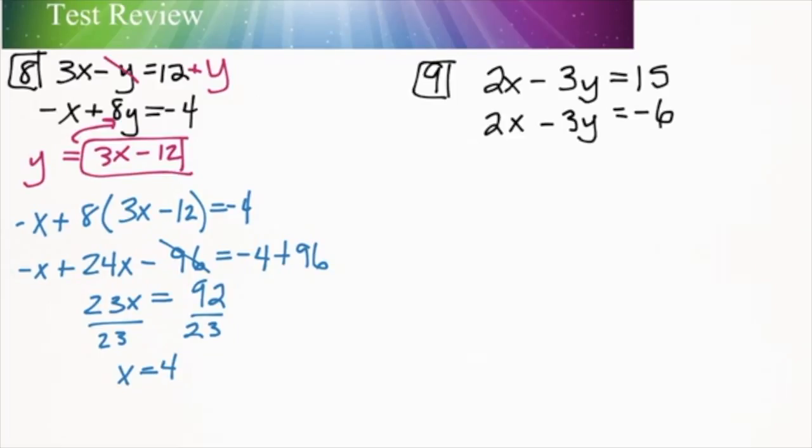Okay, I have one part of the point. I need to find what y equals, so I'm going to take 4, plug it back into one of the original equations. I'm going to use that y equals 3x minus 12, and if I plug 4 in, I get 12 minus 12, which is 0. So the answer is 4, 0.